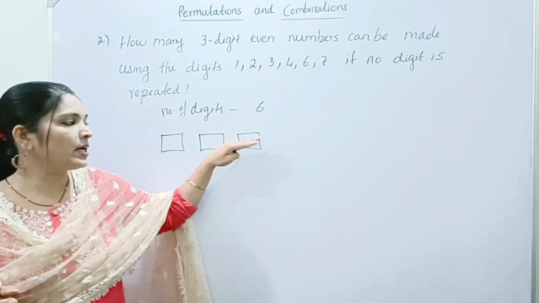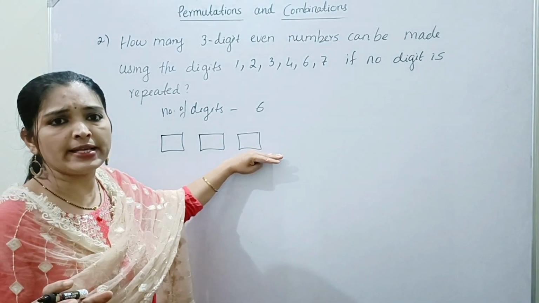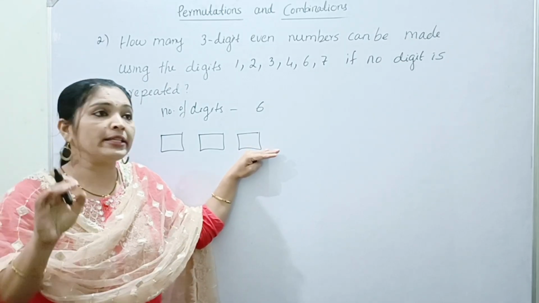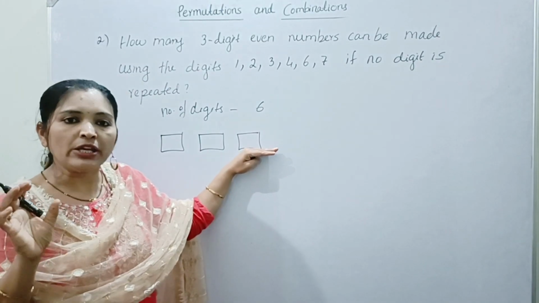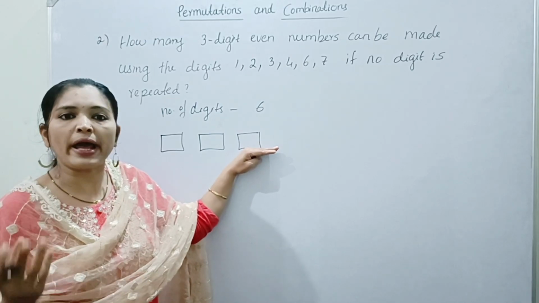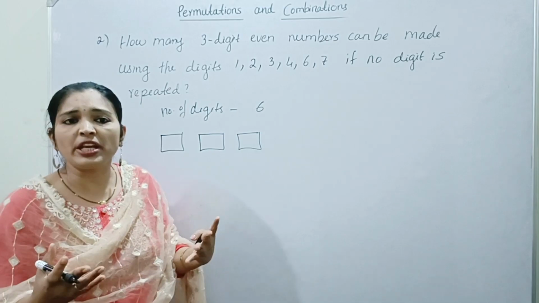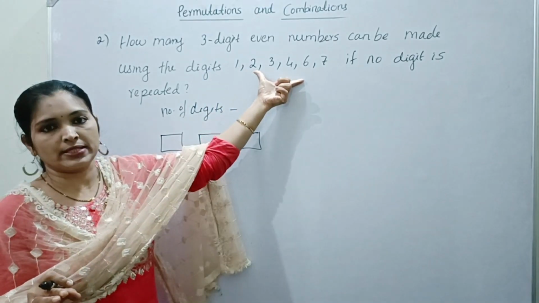So it is the unit place, tens place, hundreds place, right? In the unit place, this can be filled with either 2 or 4 or 6. Why? Because we have to write 3-digit even numbers. So our question is, in how many ways can we write 3-digit even numbers using these digits?